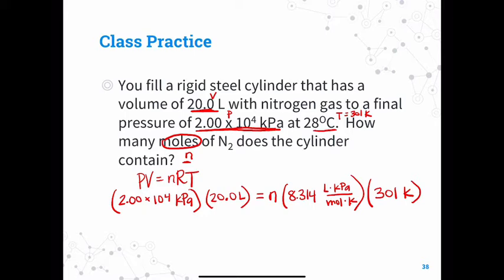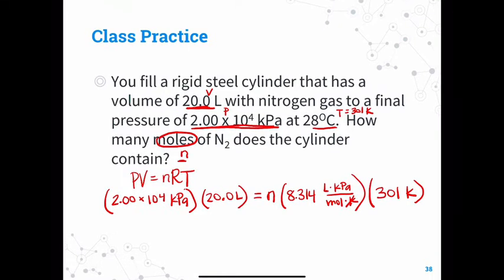I want to go ahead and cross out my units, and so I'm going to cross out K because there's 2 of those. I'm going to cross out kPa because there's 2 of those. Liters because there's 2 of those. And so all I'm left with is moles, okay? Now if you remember, we are solving for n, and n stands for moles, so it makes perfect sense that our answer would be given in moles, okay?